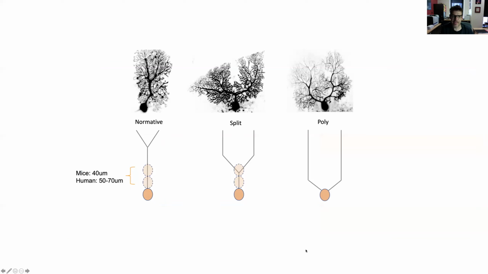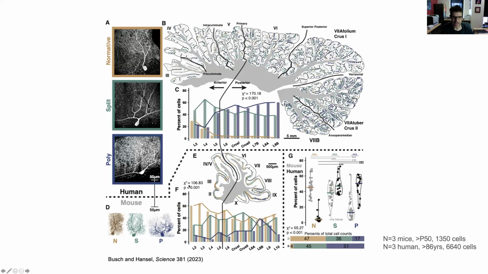So this next slide shows a little bit more schematically the 40 micrometers in mouse as a distinction between normative and split, and in humans, because the soma is a little bigger, 50 to 70 micrometers. So now we are diving into this last study that we had. Human Purkinje cells fall into the normative, split, and poly group. Here are the examples. And here you see mouse examples at the same scale.